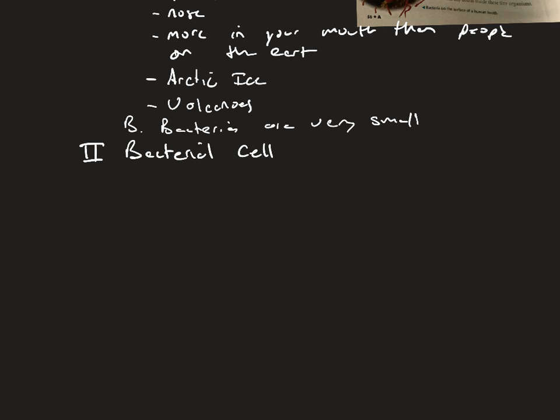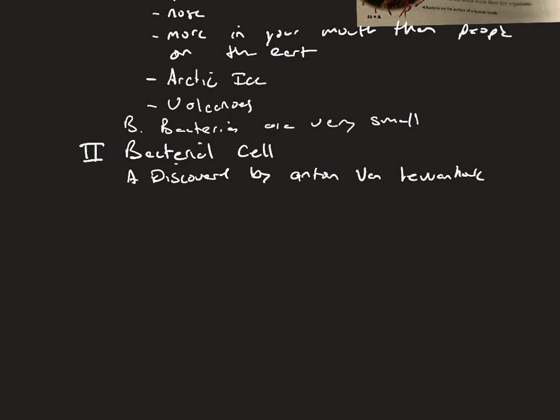So I'm going to put bacterial cell in letter A, discovered by Anton van Leeuwenhoek. I don't know if I spelled that right or wrong. There's 2 E's, so pretty close.